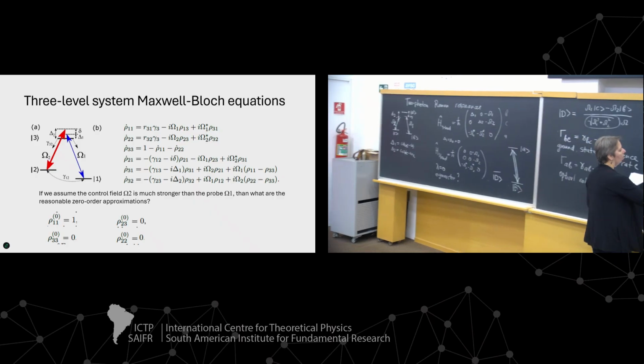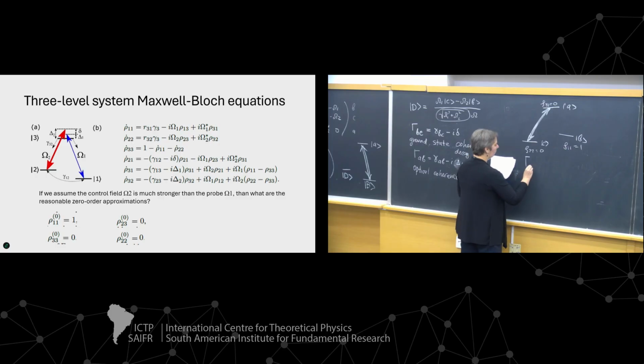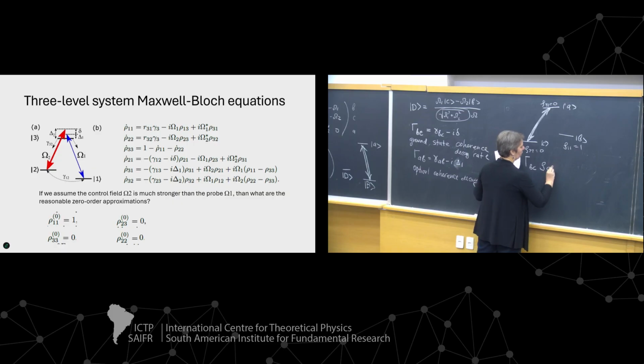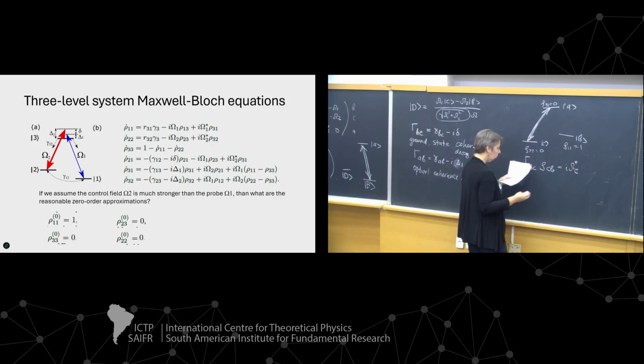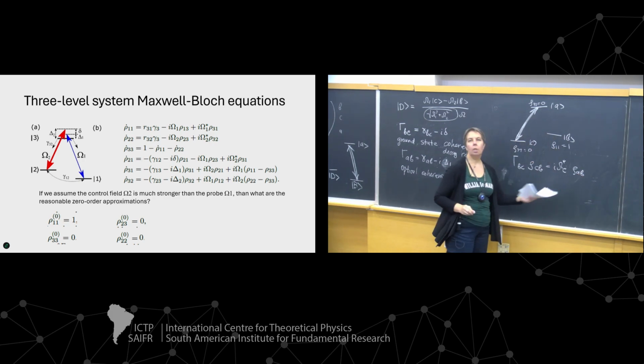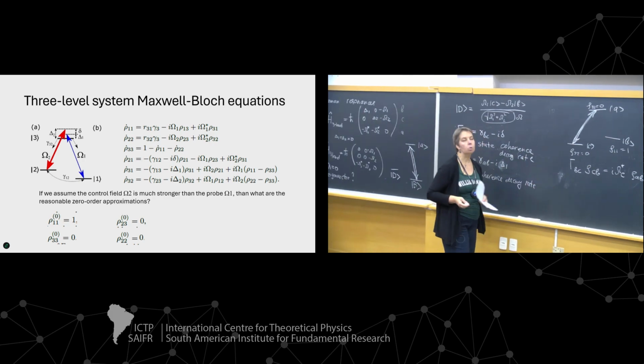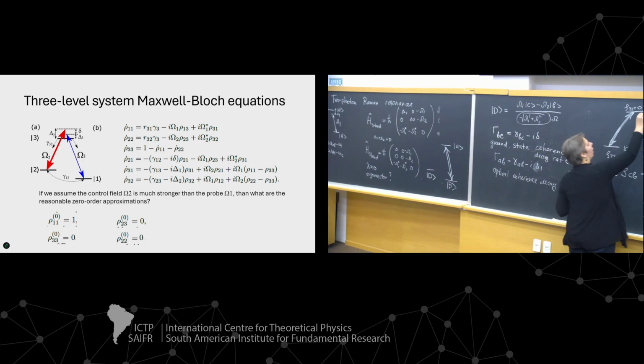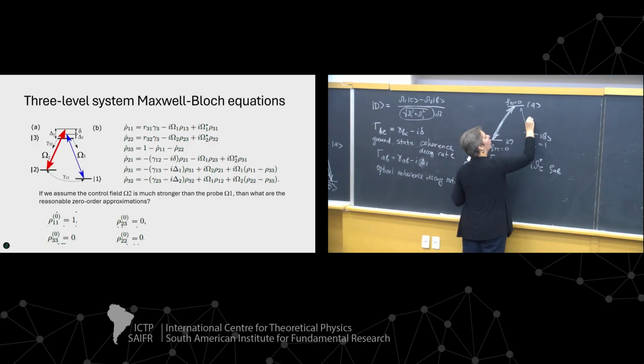In this case, we can find that gamma BC, the generalized decay for the spin coherence, times the spin coherence rho CB, is equal to i times the control field Rabi frequency times rho AB, which is the optical coherence on this transition. So now we're adding omega probe over here.